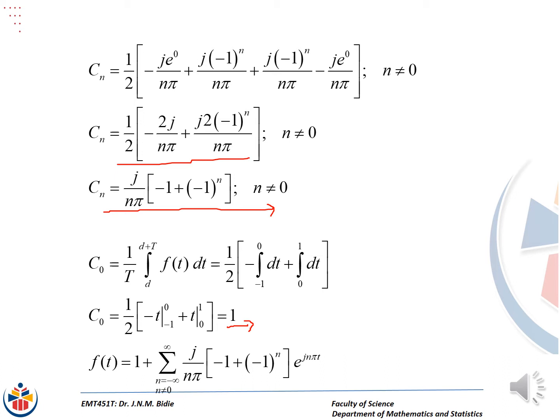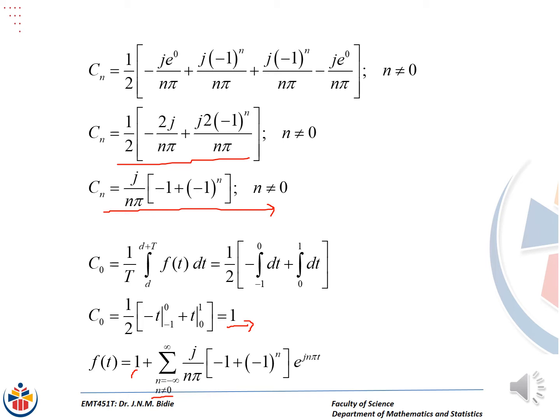And then we go to the formula for this series. It's C naught plus the summation of Cn times e to the power j n pi t. And note that we have to specify that in the summation, n is not equal to 0 because we have C naught outside the summation sign.